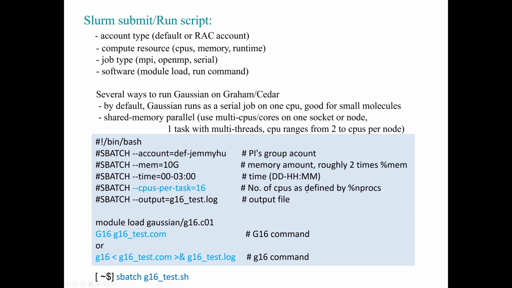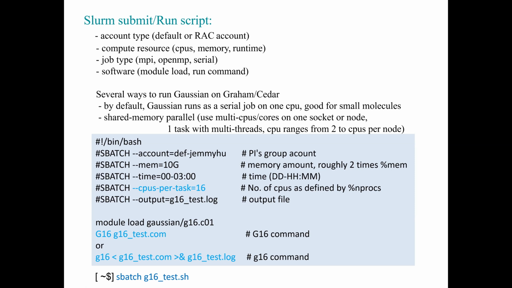So here is basically the simple Slurm run script. Because Gaussian is a shared memory job, you specify the total memory with --mem. It's not memory per CPU, it's the total memory. Then there is the number of CPUs per task, because Gaussian runs as one task but on multiple CPUs, multiple threads.